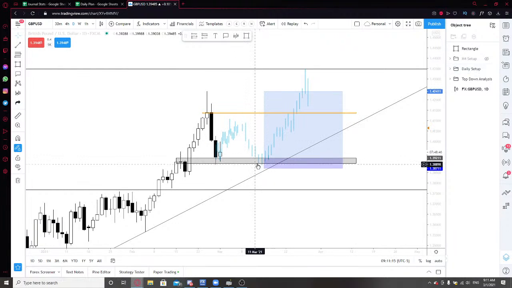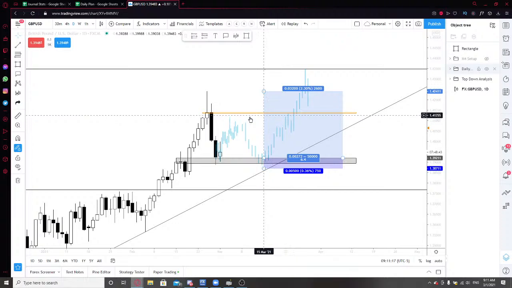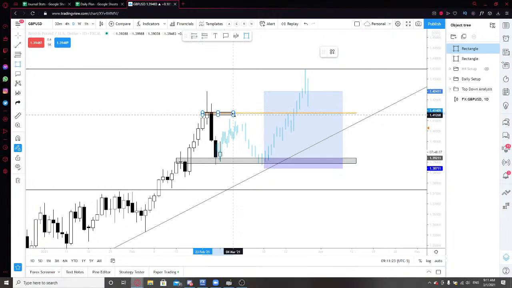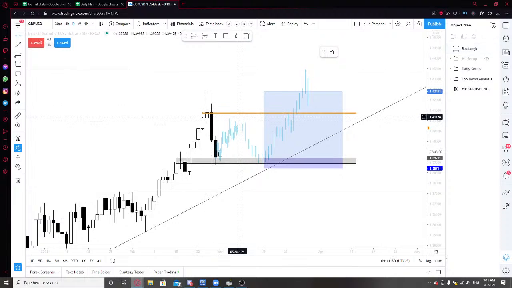And then on the next test here, I'll look for a buy opportunity, and then at this high, right at the close of this bullish candle here, I'm going to really pay attention to price, because if price does wick above here but closes below this high, I'm going to close my trade if I get it.